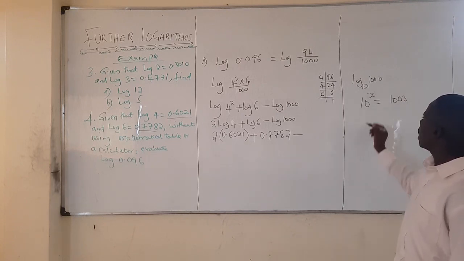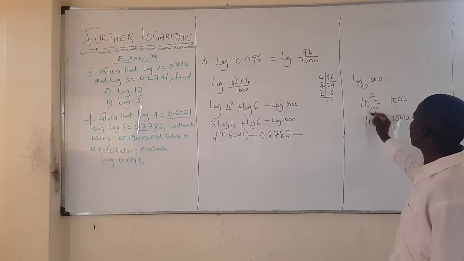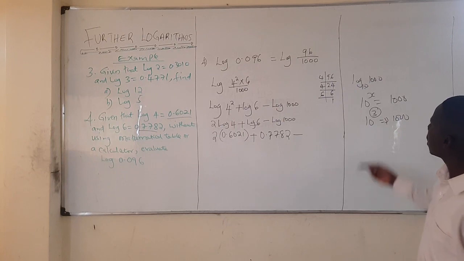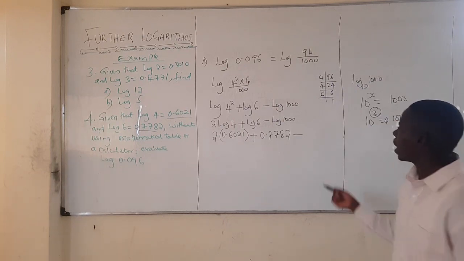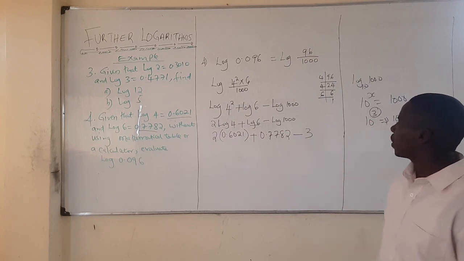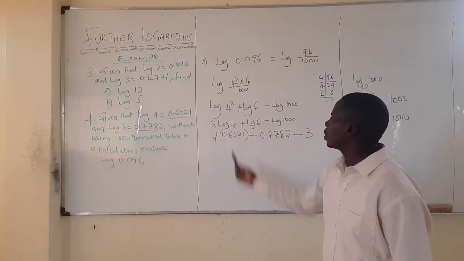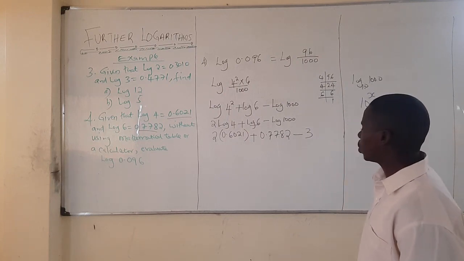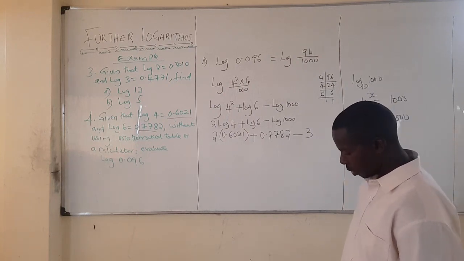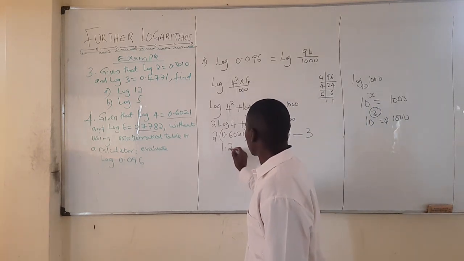That should be 10 cubed, the one that is going to give you 1000. And this power is the log of the number. So in that case, the log of 1000 should be 3. So we get 2 times 0.6021, and this one is going to give you 1.2042.